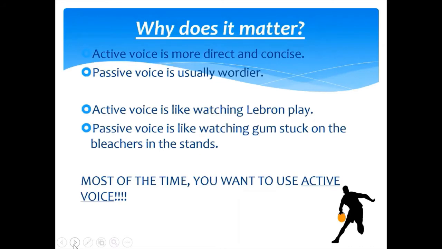That is passive voice. When we say it in active voice, Mohammed threw the ball. So you'll notice passive voice sentences are usually longer. We can shorten it simply by saying Mohammed threw the ball.